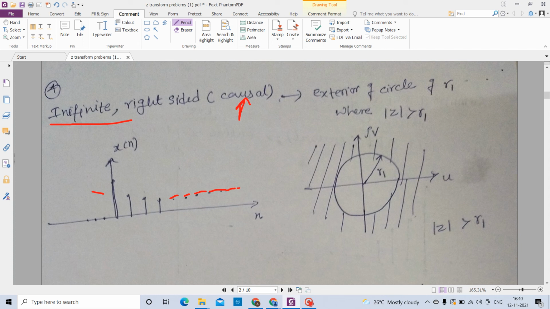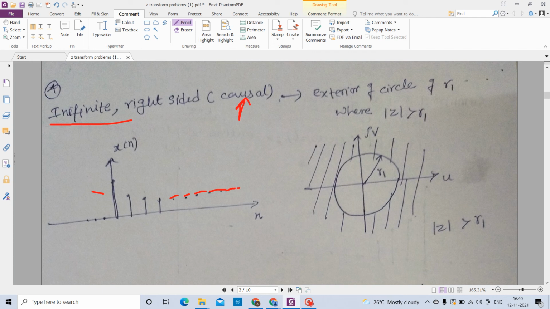Then the region of convergence is outside the circle. The region of convergence occupies the exterior of the circle of radius r1.